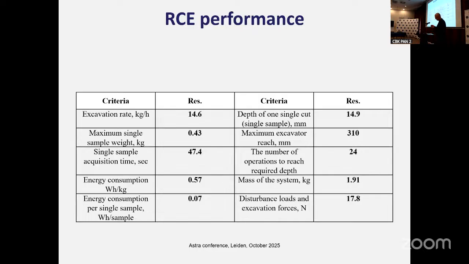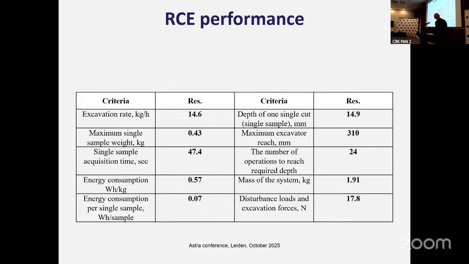Okay, and analyzing this device and treating it as a mining device, we established a kind of mining performance, like energy consumption per kilogram of regolith or the excavation rate. These parameters are available, and other researchers or companies may use them for further developments.